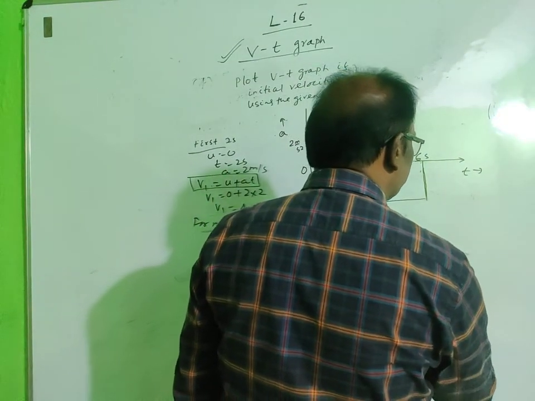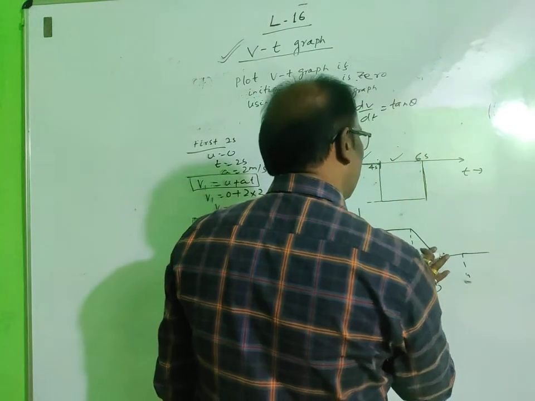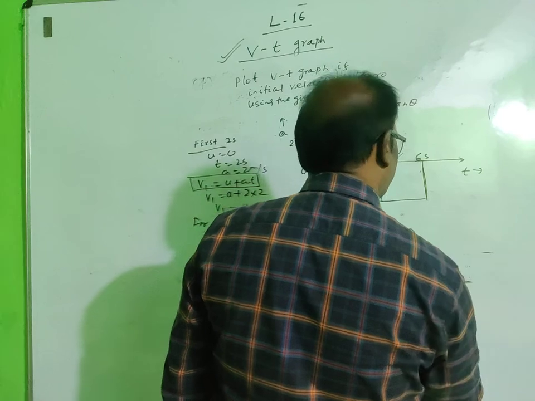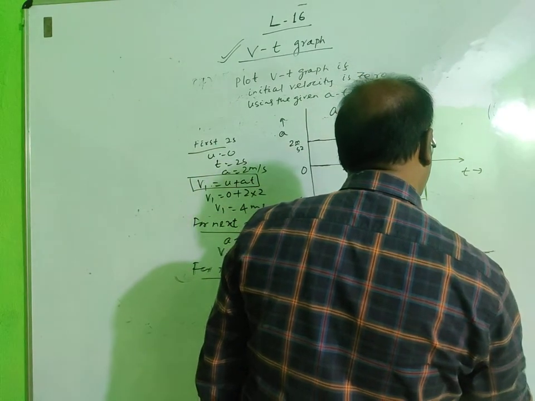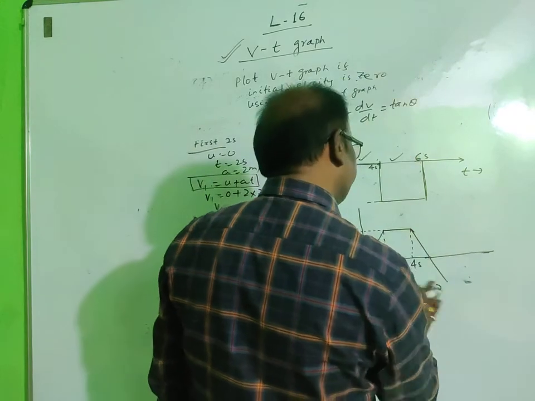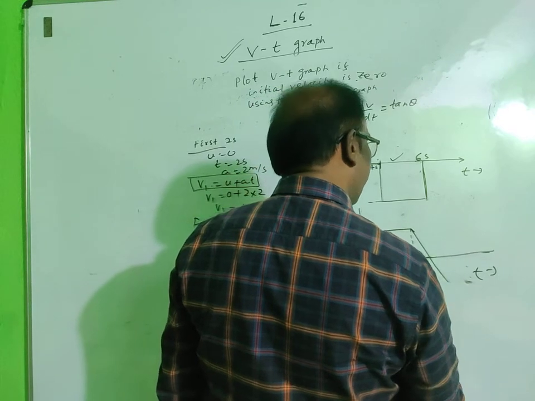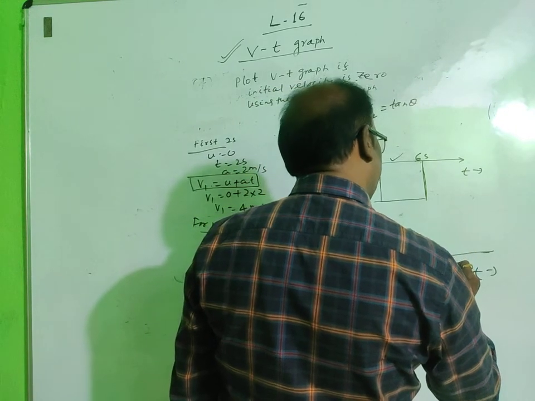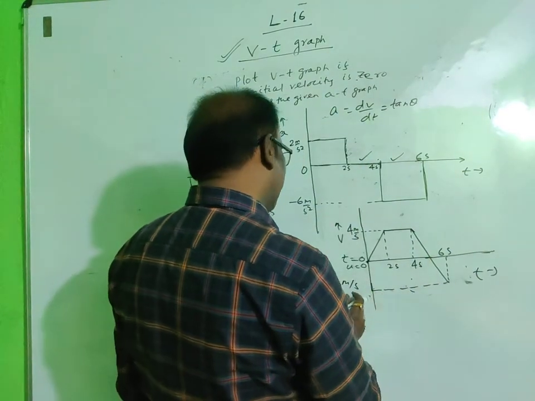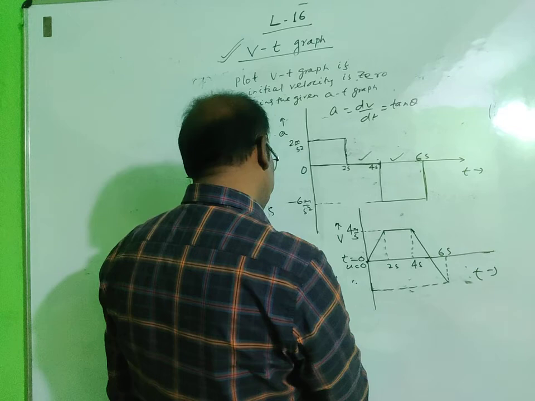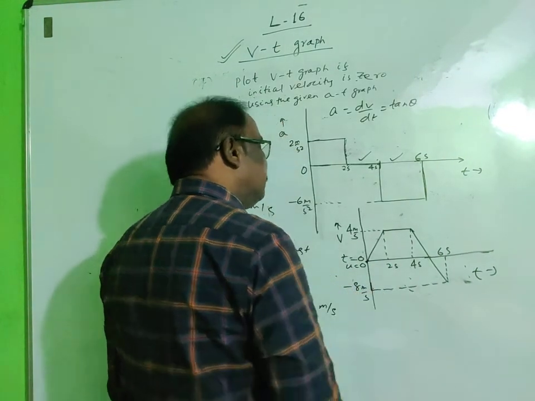So velocity becomes negative. At 6 seconds, final velocity is minus 8 meter per second.